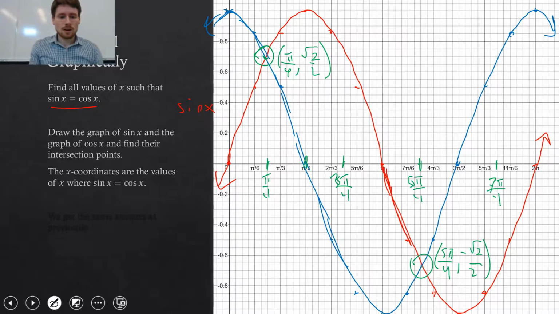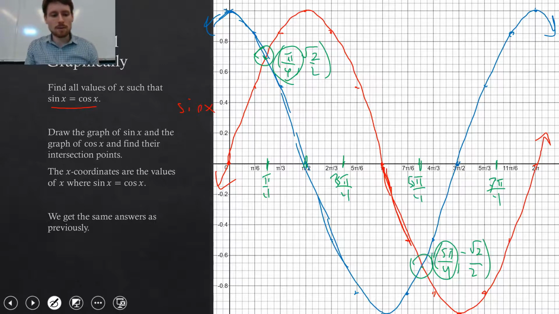All right, so we're going to get the same set of answers. We're seeing this answer, pi over 4, this answer, 5 pi over 4, and we're going to end up having the same set out of this, and so forth in both directions.